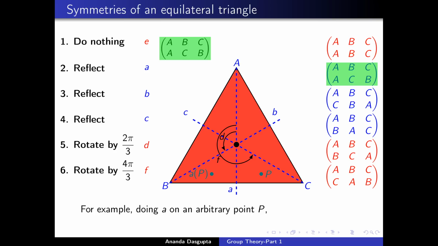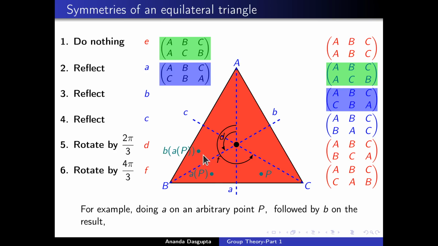Let's say B. So when I do B on this point with A of P, you get B of A of P, which is this particular point, which is what we call the result of BA, the composite operation BA, which is first do A, then do B, acting on the point P. And of course, the corresponding permutation is out here in blue.